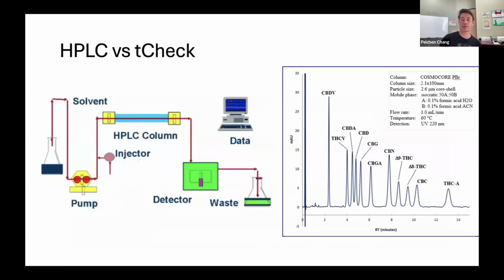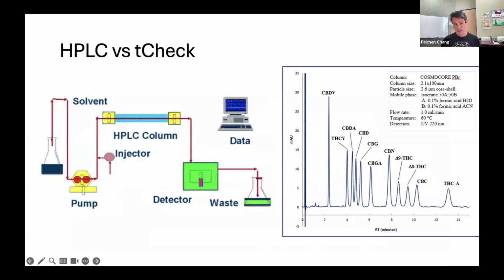Oh, sorry, I'm not sharing my screen, am I? Let's see, share presentation. Okay, there you go. Sorry about that. So HPLC consists of three basic parts, right? The solvent with a pump, and typically it's two different solvents, water and the stuff called acetonitrile.